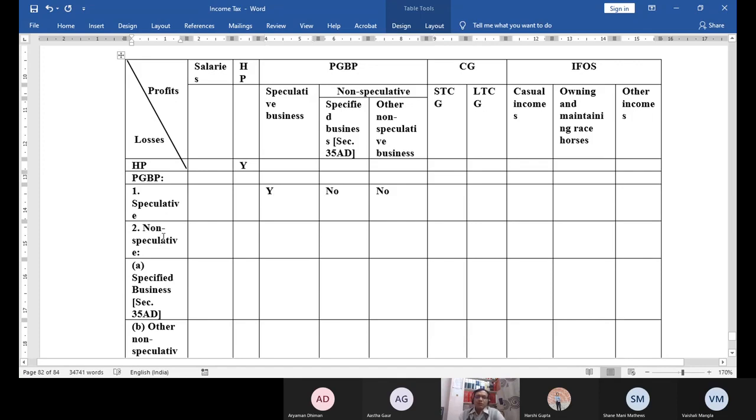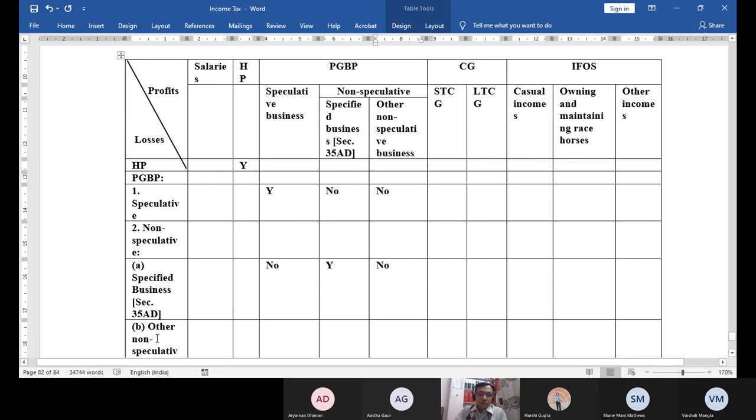Similarly, non-speculative business loss. Now I need to check which type of non-speculative business loss this is. Is it 35 AD? If yes, then it also has some restriction. It can only be adjusted against 35 AD business income. It cannot be adjusted against speculative business incomes or other non-speculative business income. These are the rules which you need to learn.